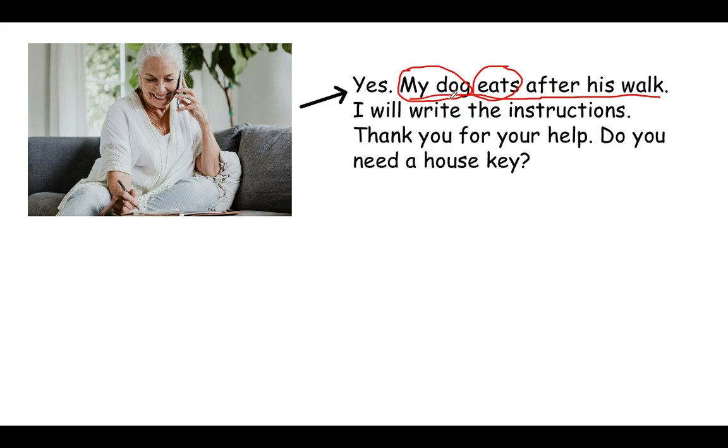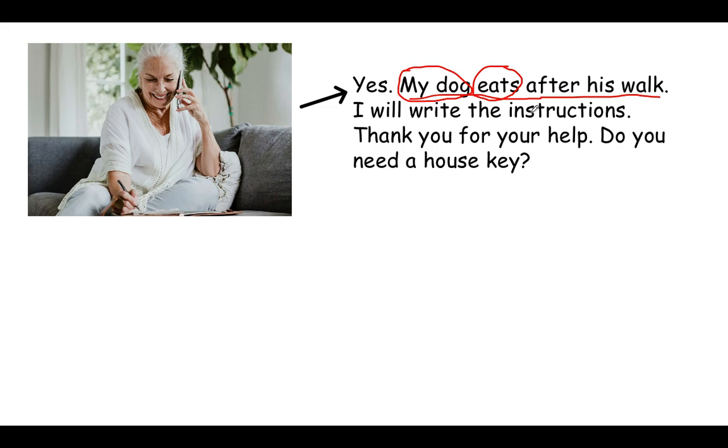So she doesn't say my dog is eating after his walk, because that's talking about something that's happening right now in the moment, or something that will happen in a little bit, something that will happen soon, or something that we're planning on. She says, my dog eats after his walk.